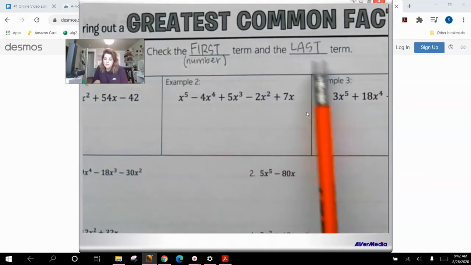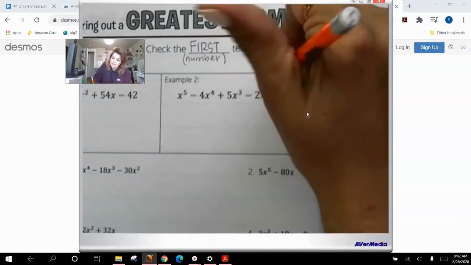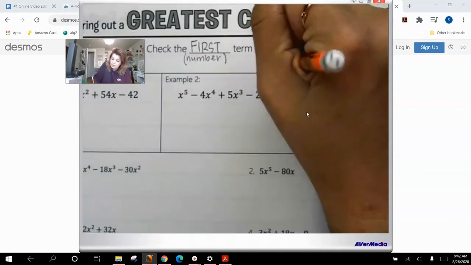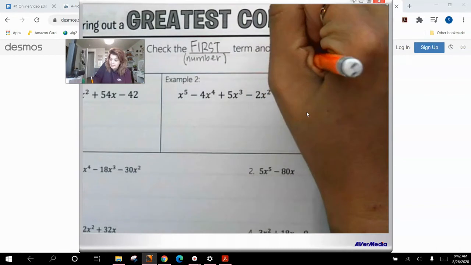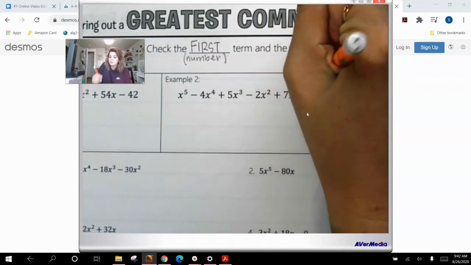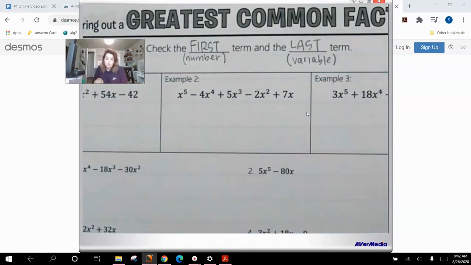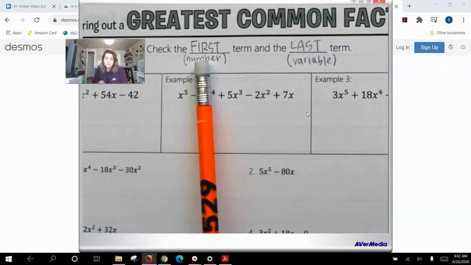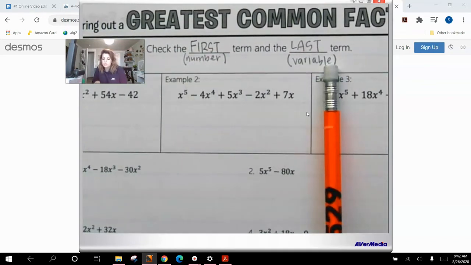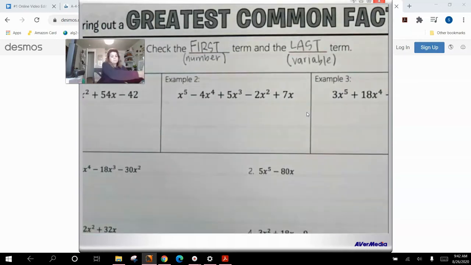The last term is going to tell you the variable, or the number of x's, you're going to factor out.